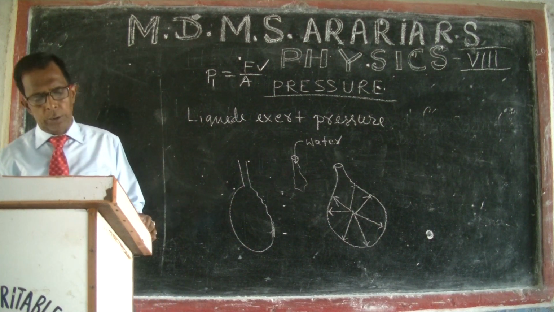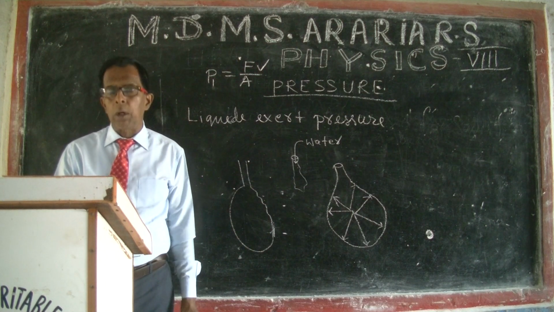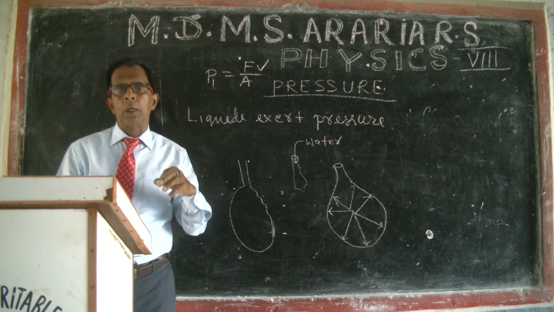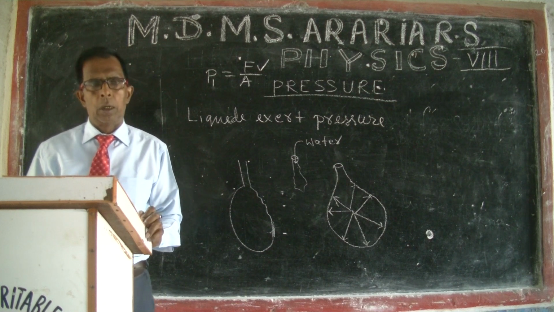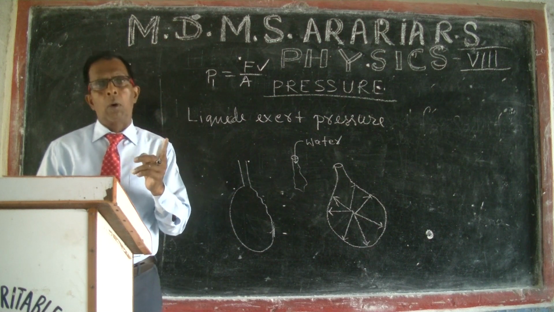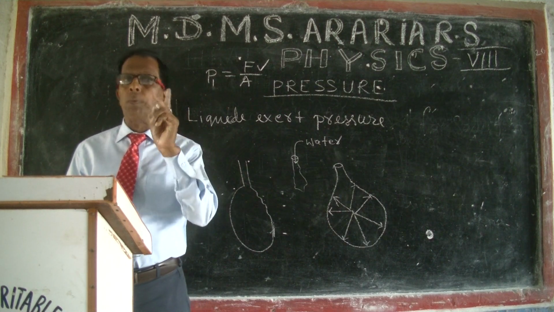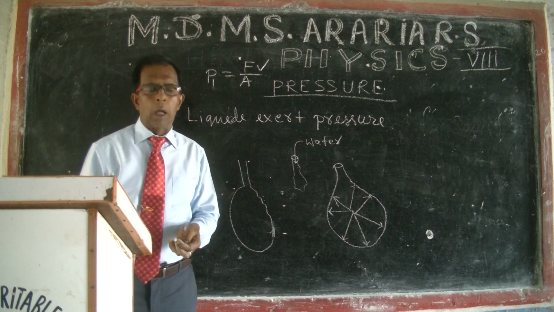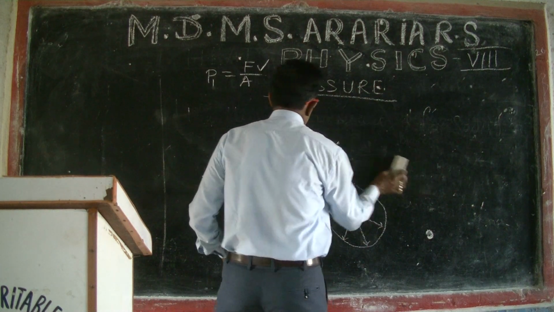Then the question arises: what is the magnitude of the pressure of a liquid and on which factors does the pressure of the liquid depend? There are only two factors on which the pressure of the liquid depends.